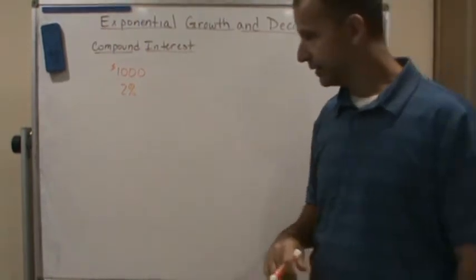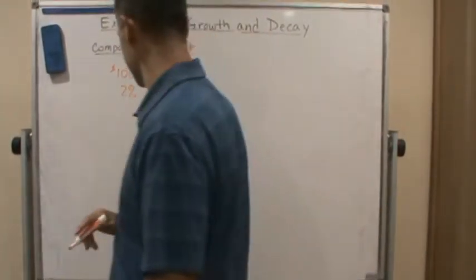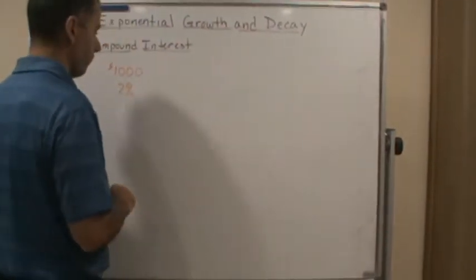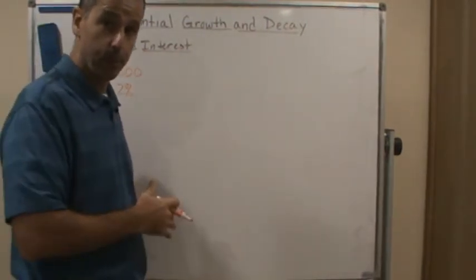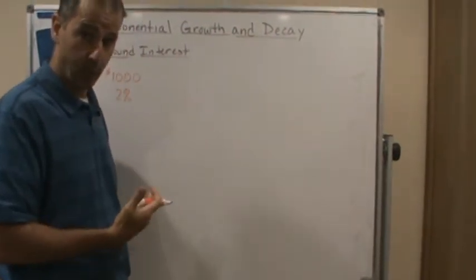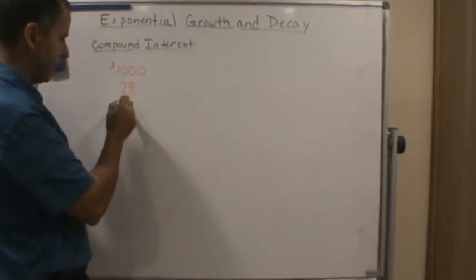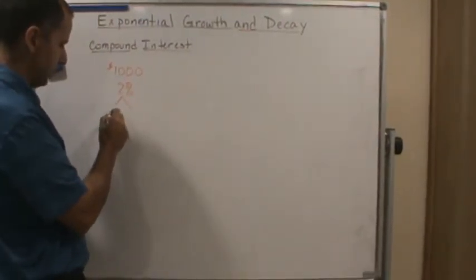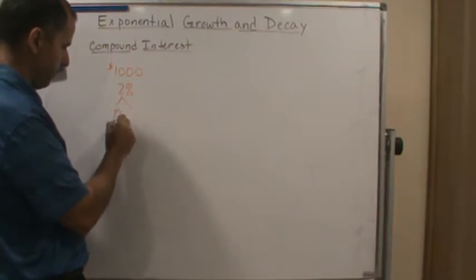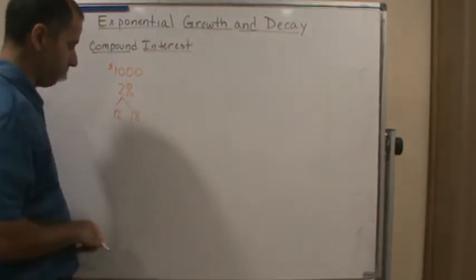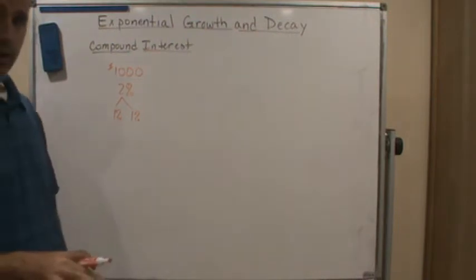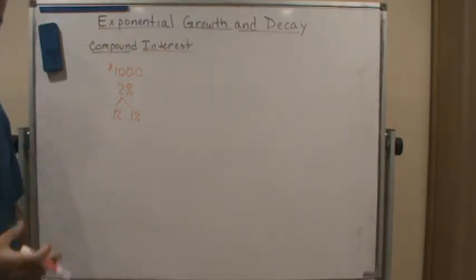That means after the first 6 months, they're going to credit you the interest up to that point. So they take the 2% and split it up: 1% for the first 6 months, 1% for the second 6 months of the year.